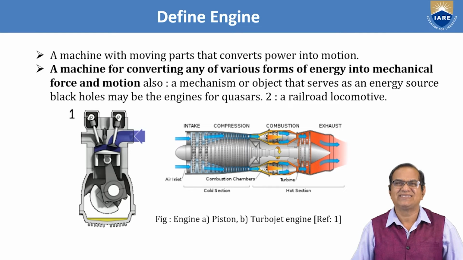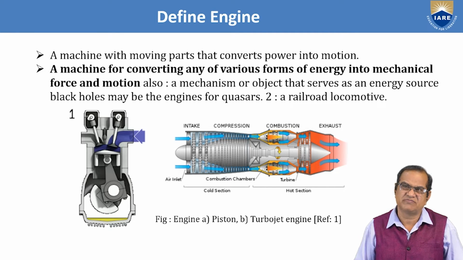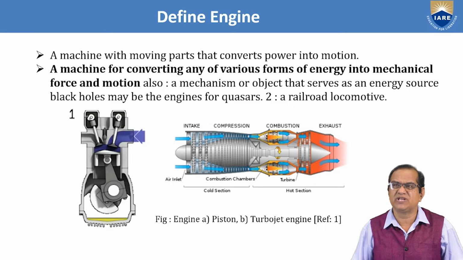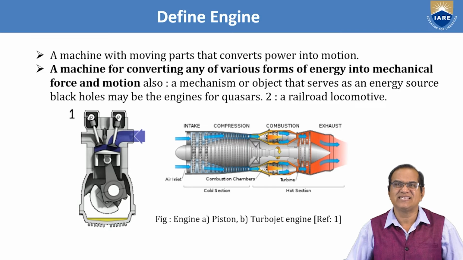Next definition: a machine for converting any of various forms of energy into mechanical force and motion. So different types of energies, maybe chemical energy, thermal energy, solar energy, nuclear energy, any type of energy, if you convert it to mechanical force and motion, then we call it an engine.